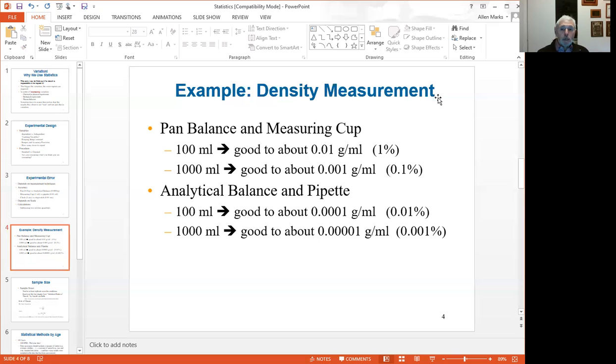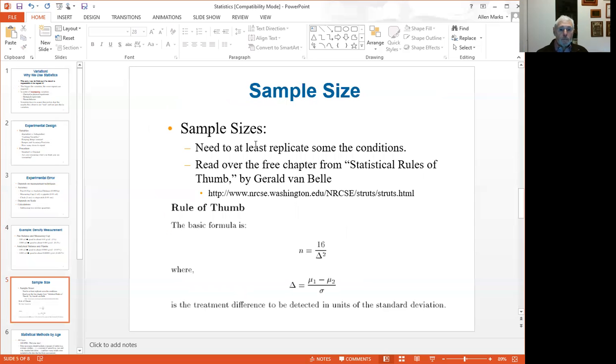Here's an example of density measurements. For example, with density, you have to measure a volume and a mass. And so if you use a pan balance and a measuring cup, your accuracy depends on the scale, of course, and it's either 1% or a tenth of a percent. If you use an analytical balance and a pipette, it improves your precision to a hundredth of a percent or a thousandth of a percent.